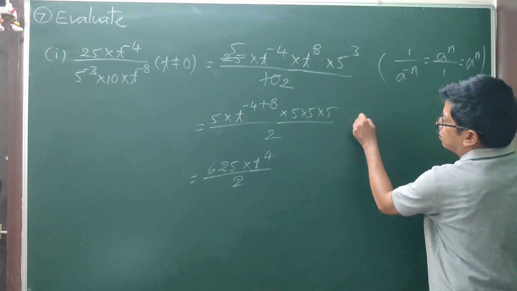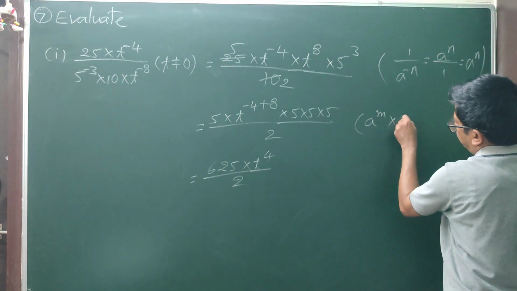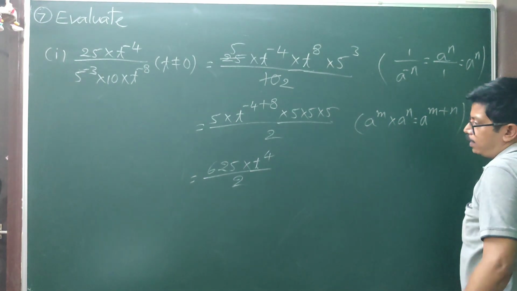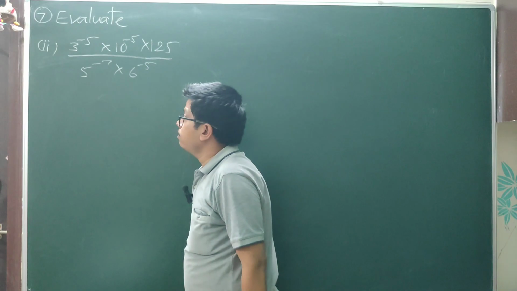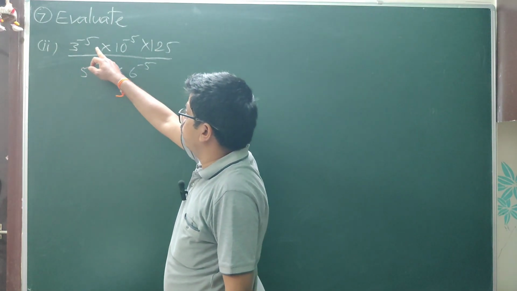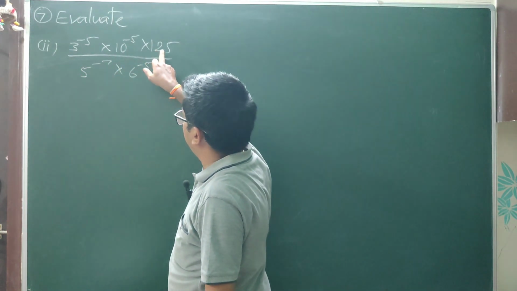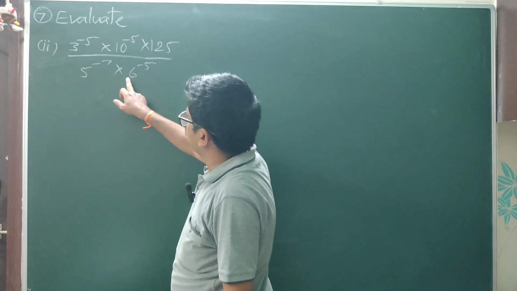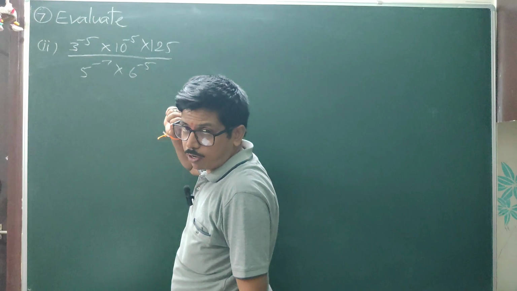Here a^m into a^n equals a^(m+n). So second question: evaluate 3^(-5) into 10^(-5) into 125 whole by 5^(-7) into 6^(-5).